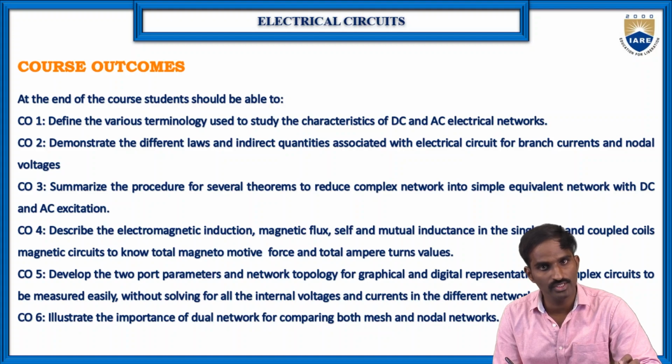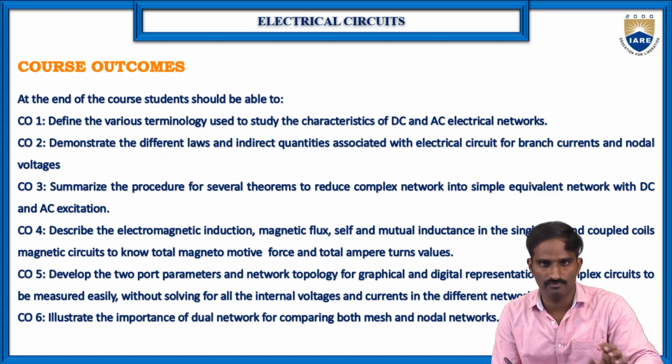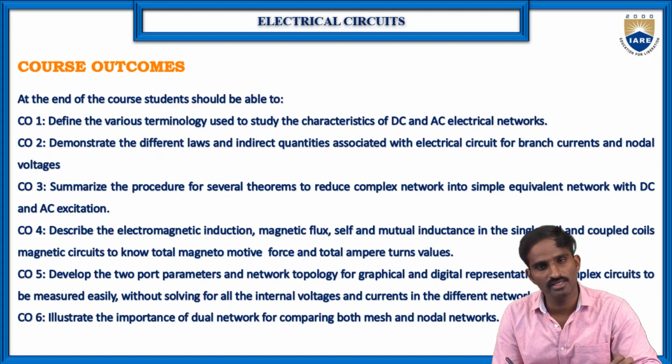Before starting the course, the student should go through the course overview thoroughly. From it, he can know what concepts he is going to learn, in brief, not in detail, and why he is going to learn them and where he is going to apply these concepts in real-time applications.